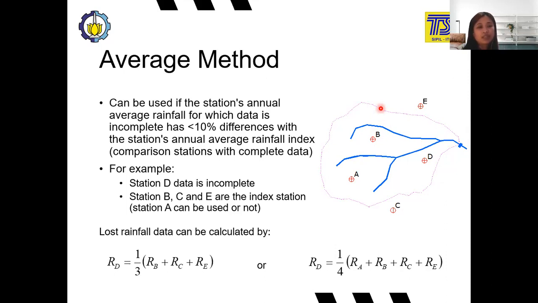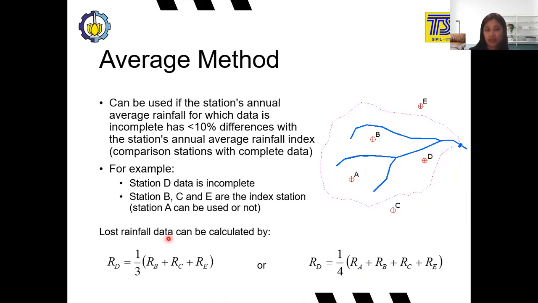We can calculate it by using the data from other stations. Here in the average method, we calculate the average of the data. For example, here we only use stations B, C, and E because, location-wise, B, C, and E are nearer to station D than station A, because station A is quite far from station D. And the minimum data used is 3 stations.